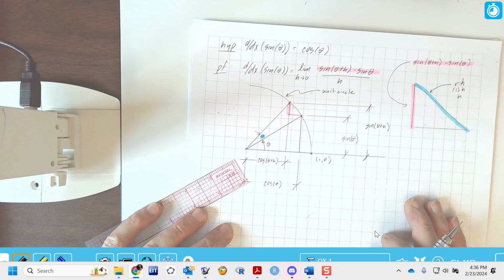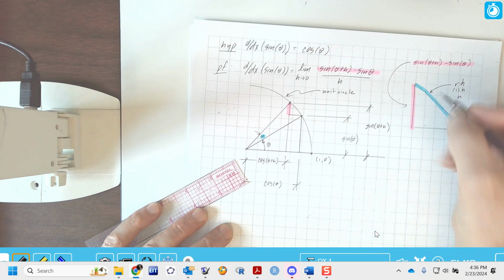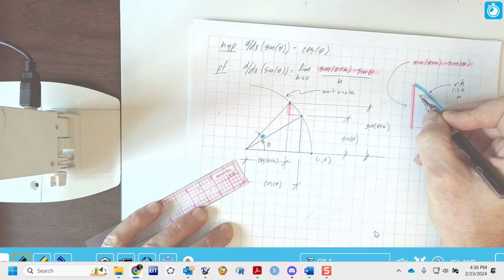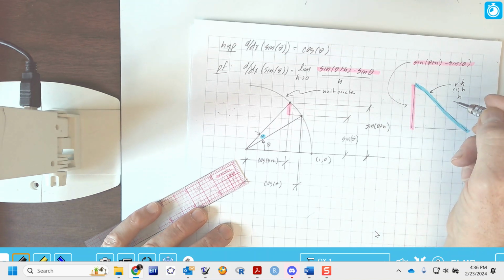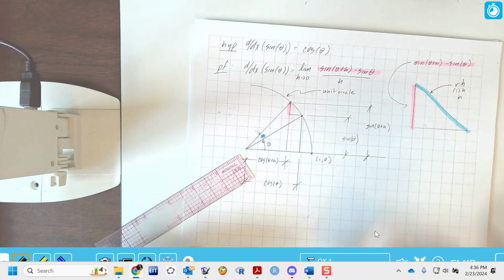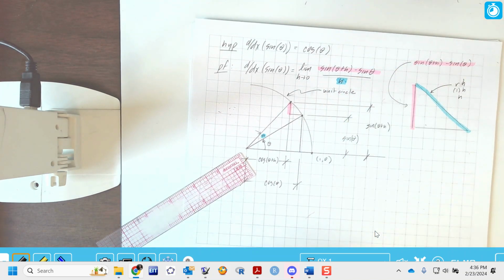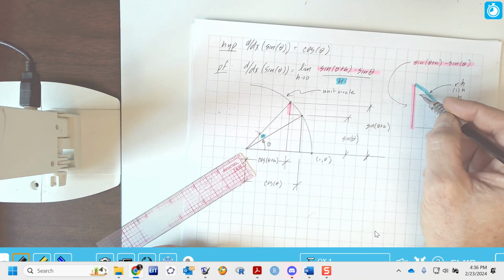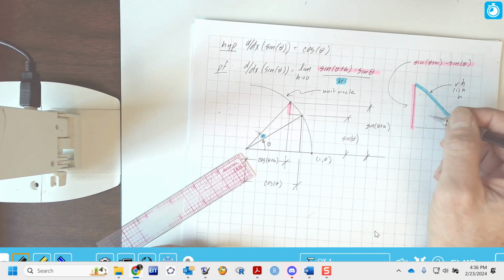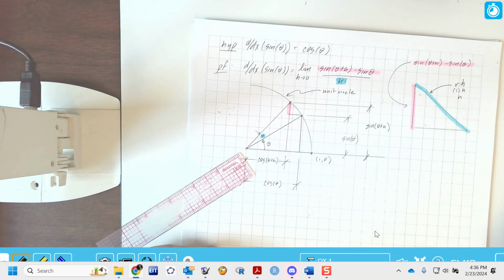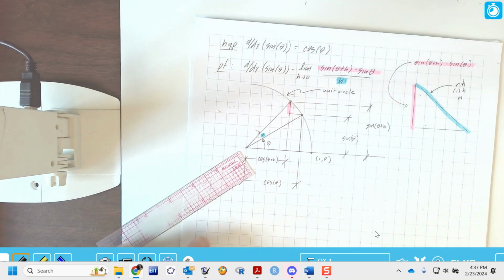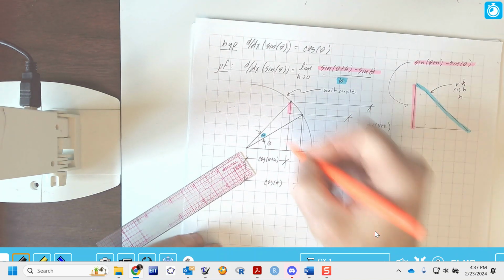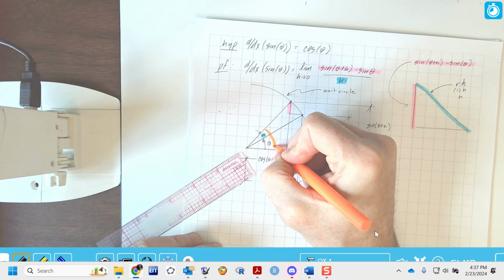So now what we notice is that if we knew this angle, then we could call pink over blue the cosine of that angle, right? So the big question is, what is that angle? And it turns out that that angle can be shown to be equal to theta plus h. So let's see if you can follow the argument here. This whole angle is theta plus h, right?